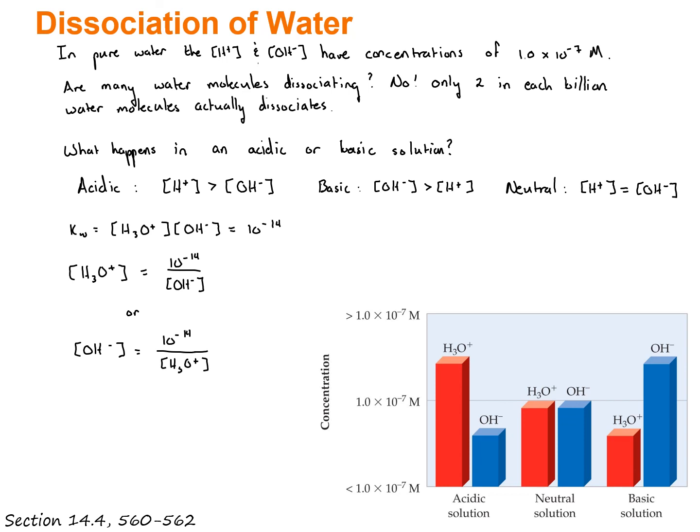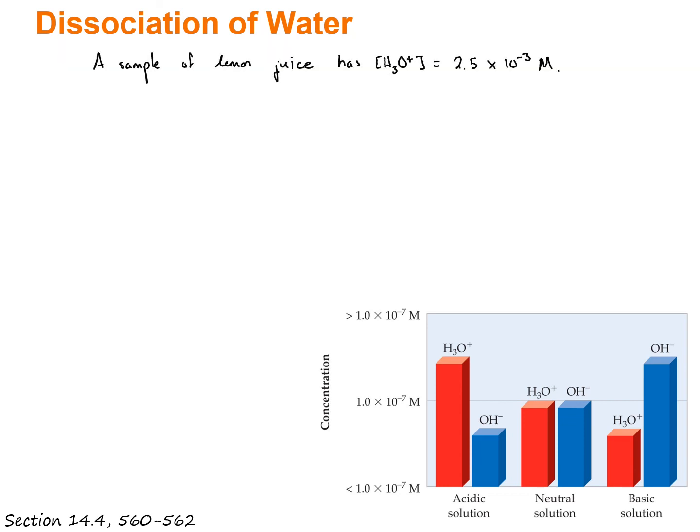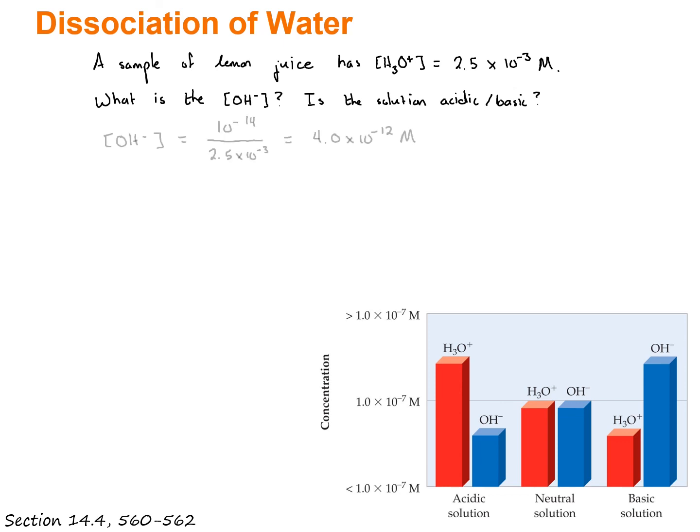Let's look at an example here. Let's say we have a sample of lemon juice and it has a hydronium concentration of 2.5 times 10 to the minus 3 molar. And we want to figure out what the hydroxide concentration for this solution is. And then we want to determine, is it acidic or basic? So the hydroxide concentration is going to be given by 10 to the minus 14 over the concentration of hydronium ions, which is 2.5 times 10 to the minus 3 molar.